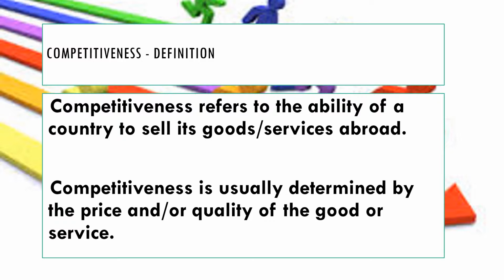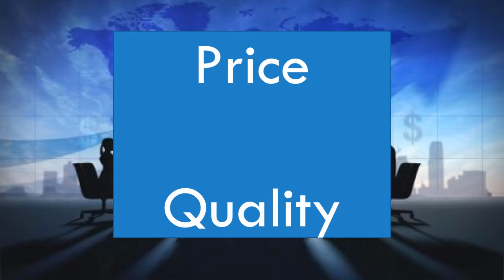Well, we would say that competitiveness is usually determined by the price and/or the quality of the good or service. So when we think about what influences how competitive companies are within a country: the price, normally the lower price the better, and the quality, normally the higher quality the better.